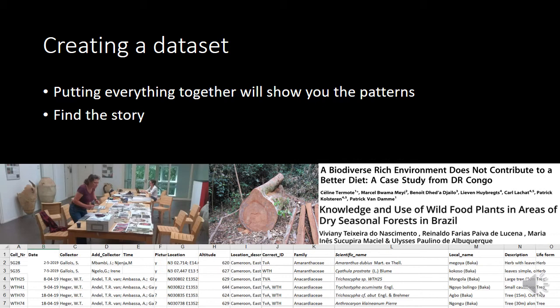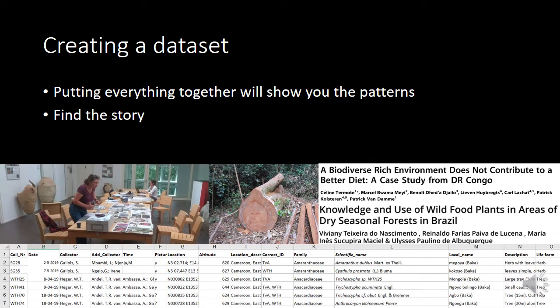And if you're putting this together, you can already start seeing some patterns maybe. In this case, we saw a pattern that there were a lot of tree species being used, and there were a lot more species than we had initially expected used in this location.